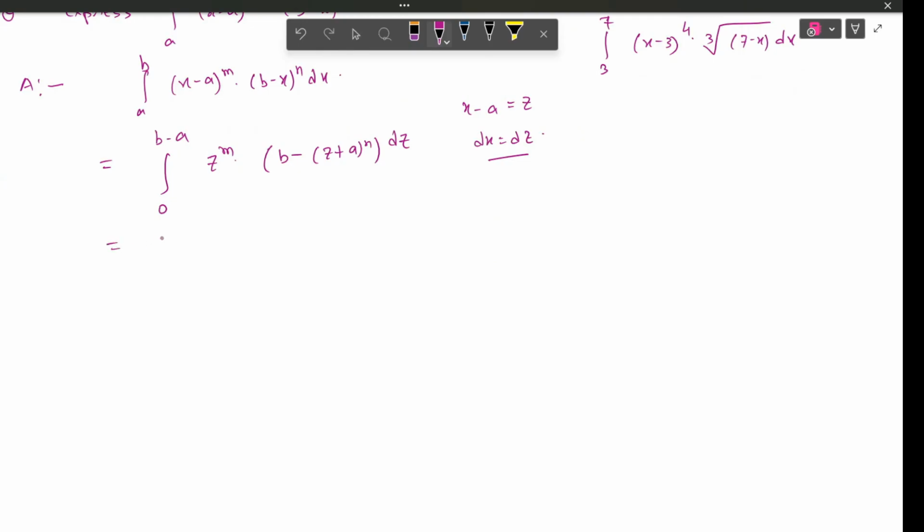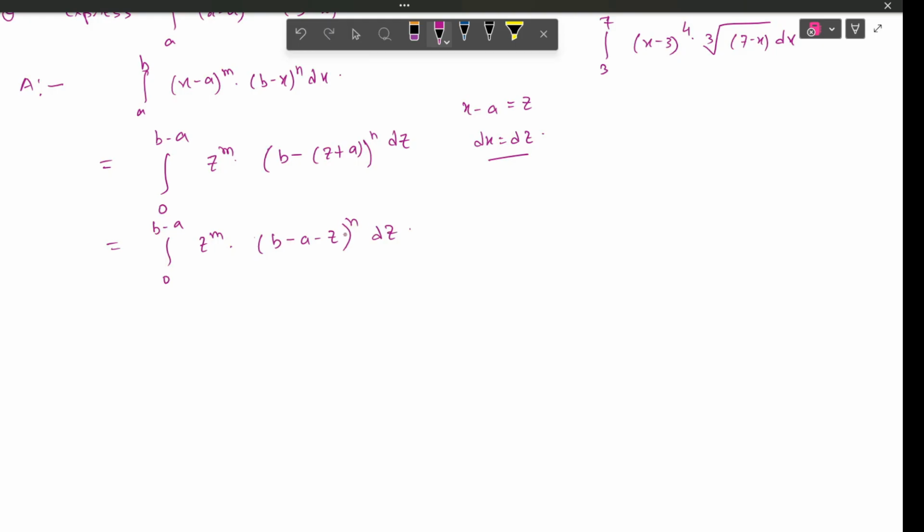So we can say that this is integration 0 to b minus a, z to the power m, (b minus a minus z) whole to the power n dz.